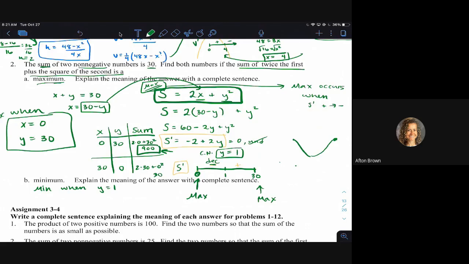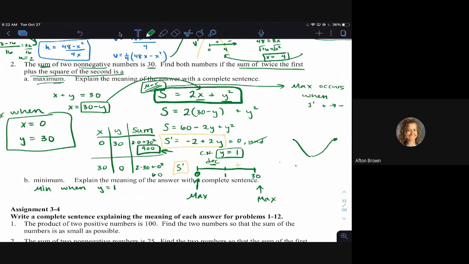Yeah, and that's why if it was on a test, they would have been specific and told you x is this and y is that. Yeah, good question. So if you have two maxes, we should always do the candidates test to see which one is bigger. How? 2 times 30 was 60. Still less than our 900. But yeah, no, I'm glad you're checking.